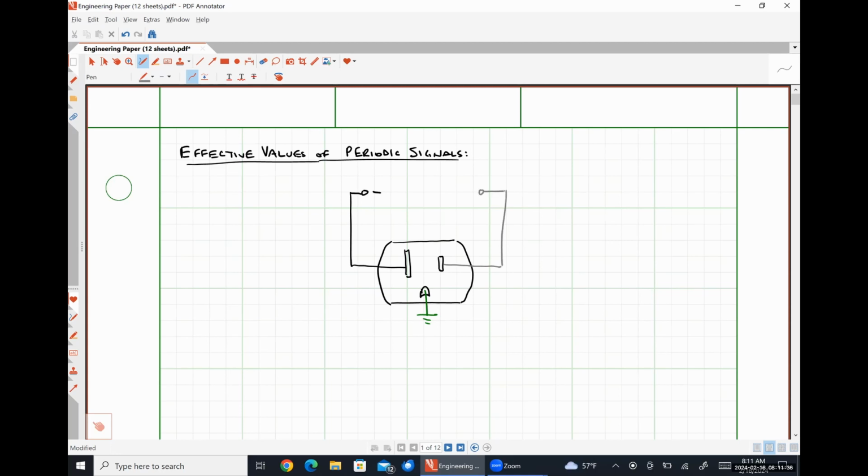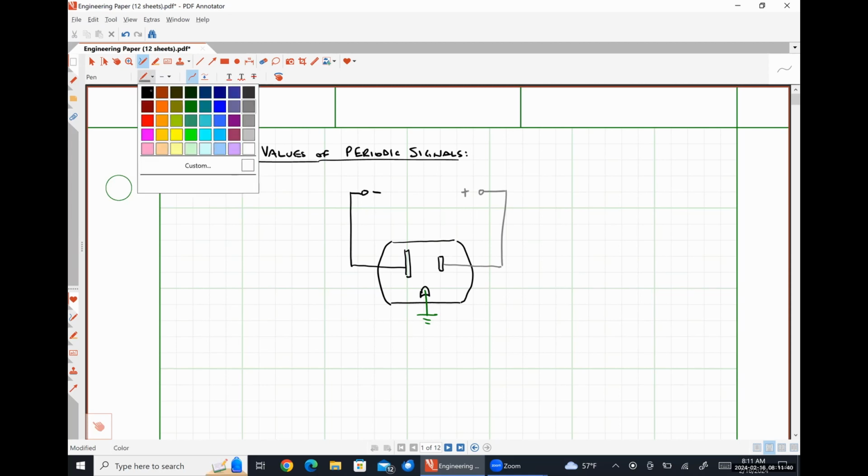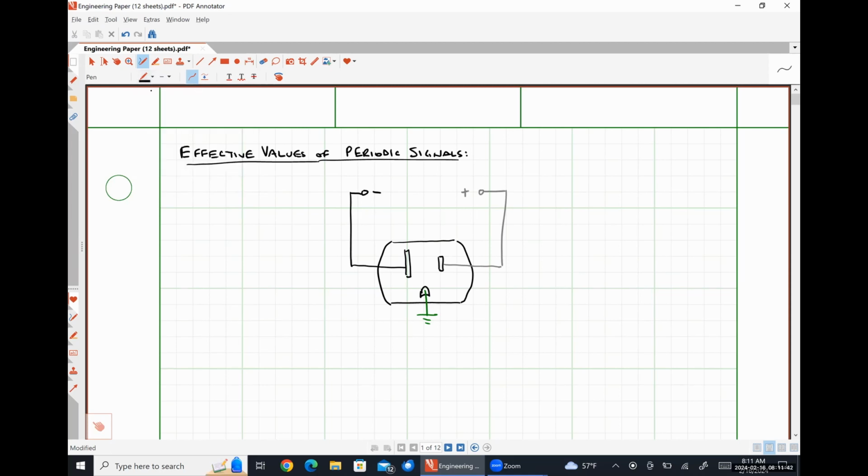So if you were to ever work on rewiring an outlet in your home, which I've had to do multiple times because my home is quite old, you're going to be dealing, if your house is wired correctly, up to modern codes, with a ground conductor, what's called a neutral conductor, and then what's called a hot conductor.